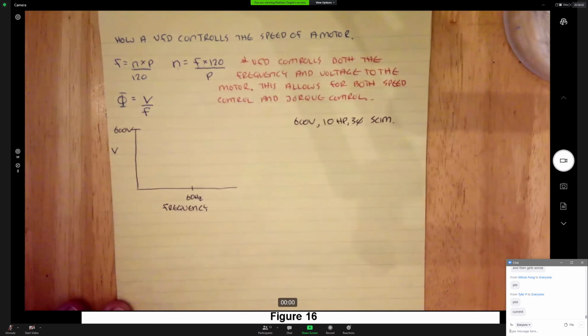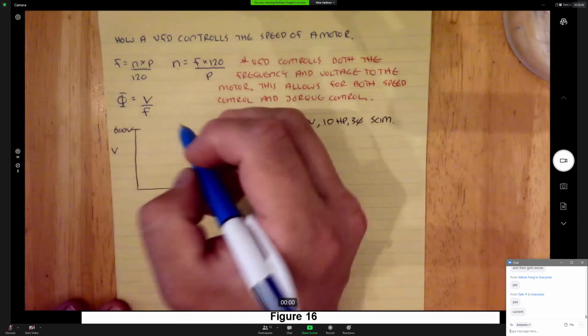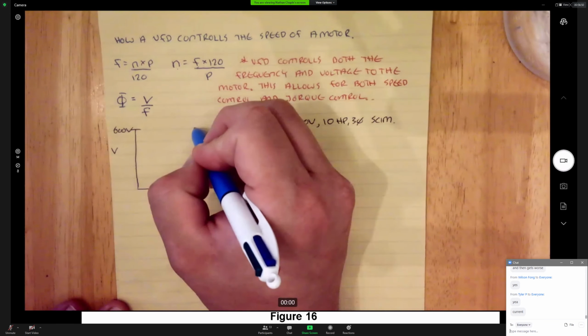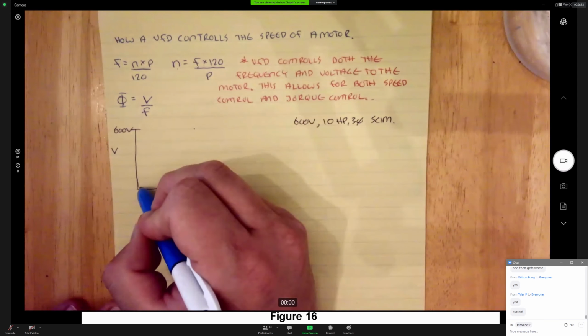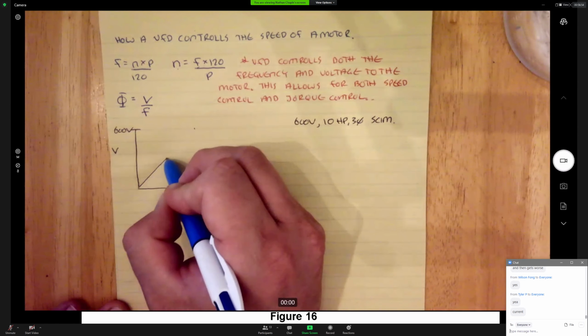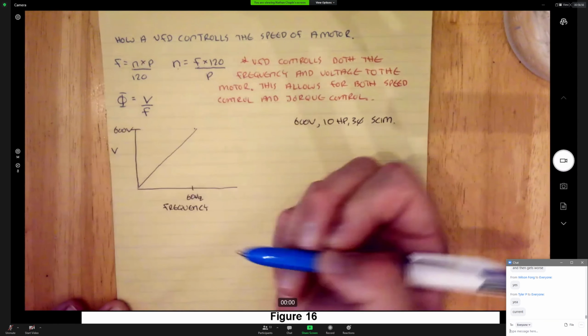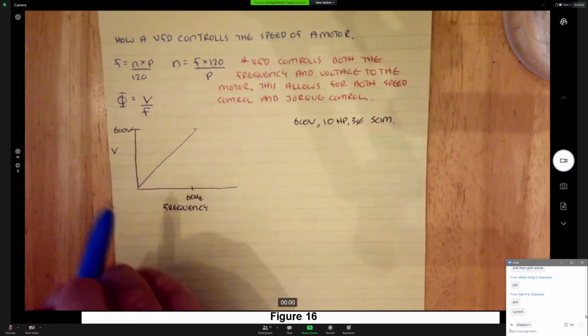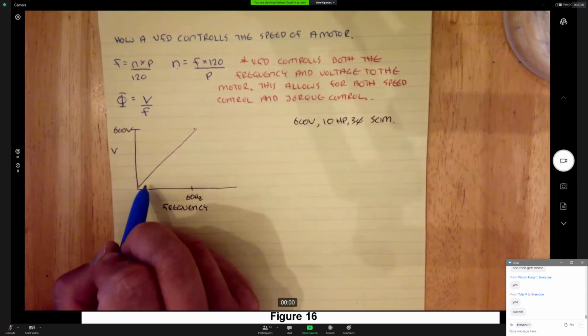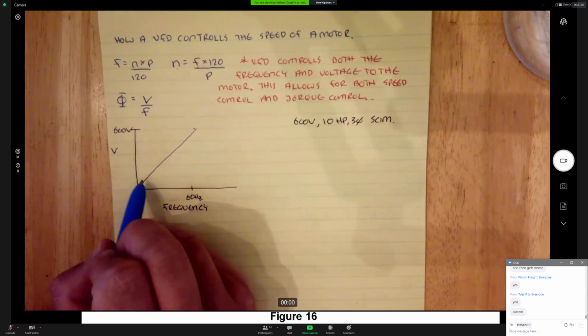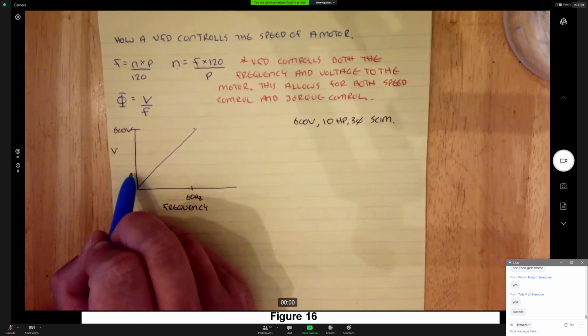So the output of a VFD is different than most other things that you've seen. And we have a few of those different torque characteristics here. So notice, if I increase straight up here, does it make sense to everybody that I'm increasing voltage and frequency at the same rate?